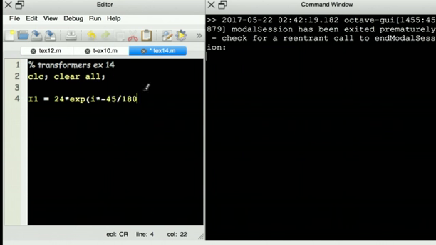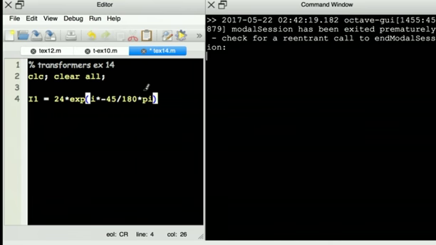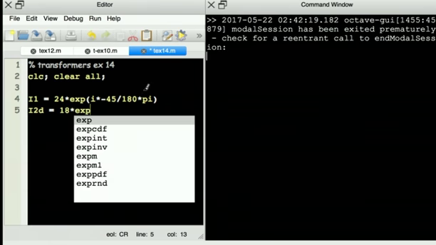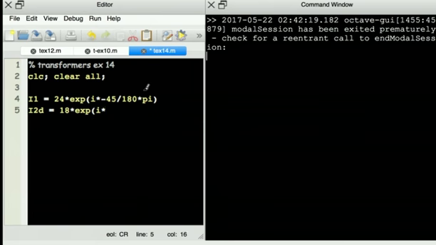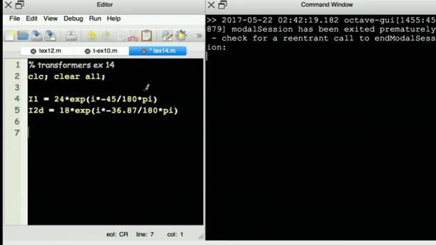So I have to divide by 180 and multiply by pi to convert into radians. So this is I1, and I2 dash is equal to 18 exponent of j multiplied by minus 36.87 divided by 180 and multiplied by pi. So I get these two values.